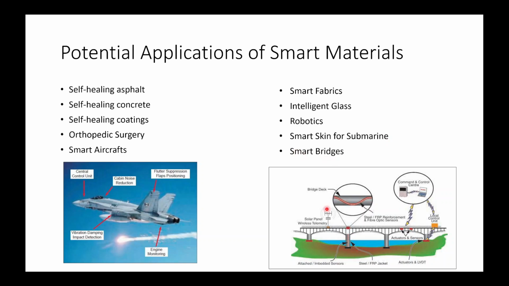In case of bridges also, it is as shown here. So we can use piezoelectric materials on the road. So if a vehicle is passing through there, we can store a lot of energy, we can convert it into electrical energy, and we can use self-healing asphalt also for making these roads, and some other materials also can be used.